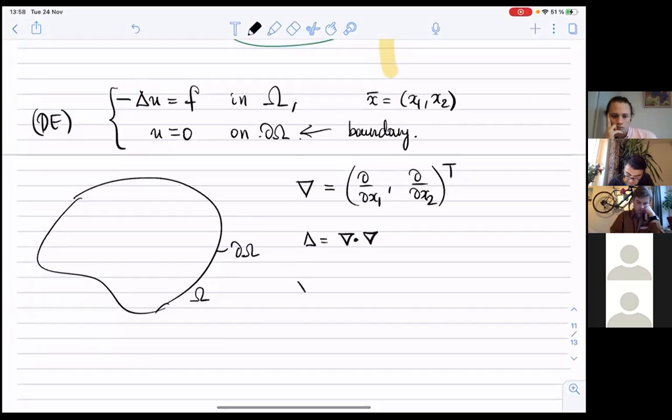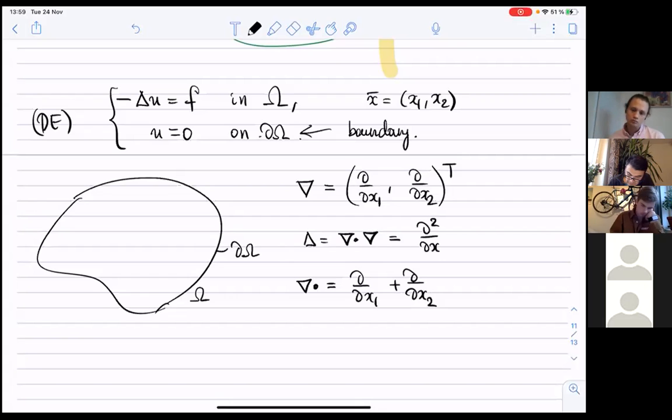I will also define the divergence. The divergence is the sum of these derivatives, so the divergence of that is going to be d2 dx1 square plus d2 dx2 square. I'm not sure if I wrote this correctly.